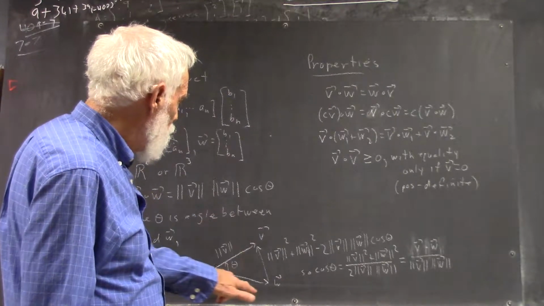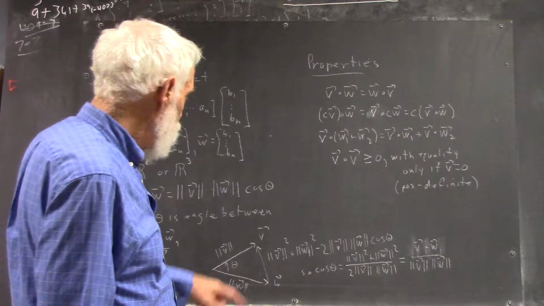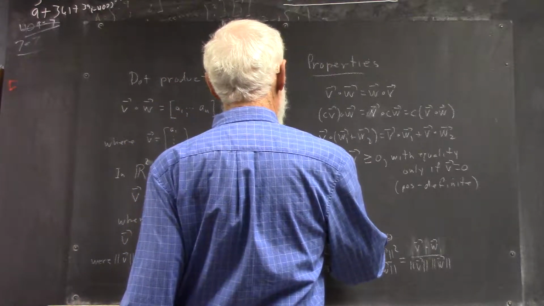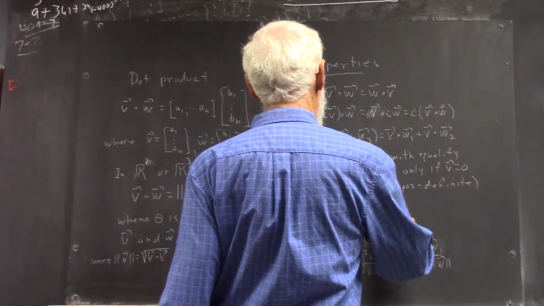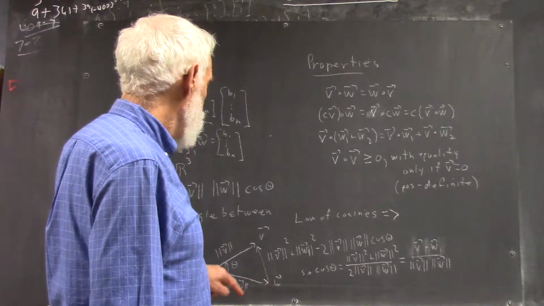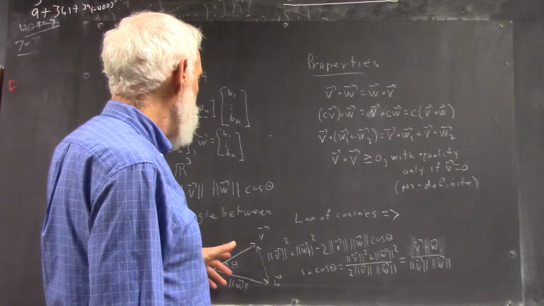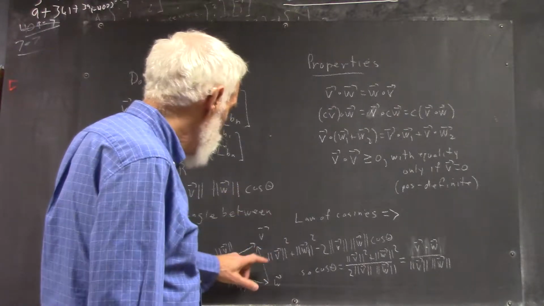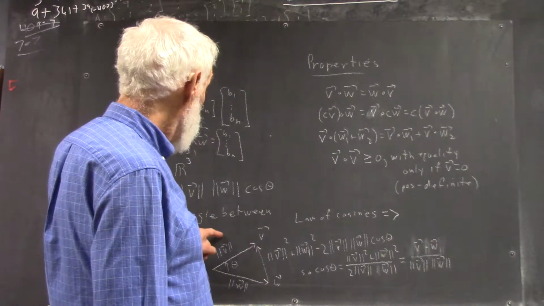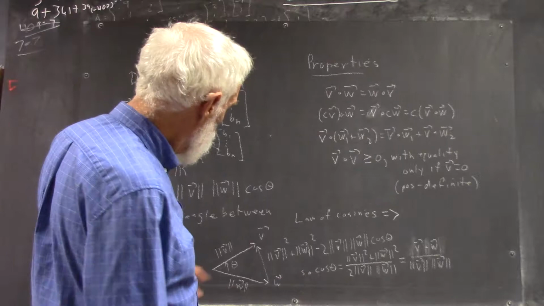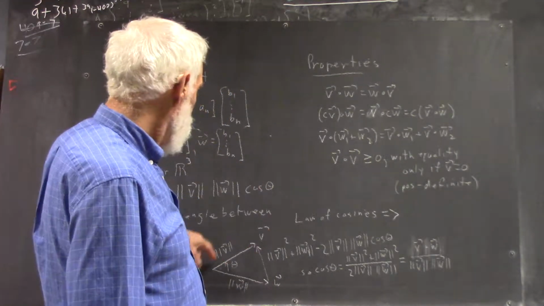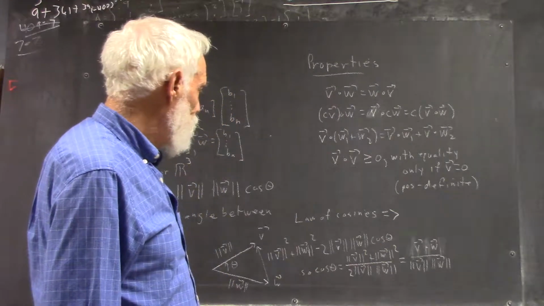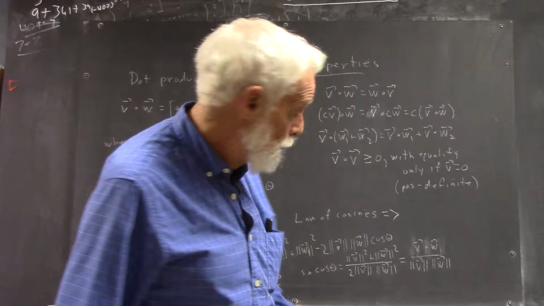Magnitude of V is the length of this, magnitude of W is the length of this, and it follows by the law of cosines that the square of this equals the square of this plus the square of this minus this times cosine theta. And that's just magnitude of V squared plus magnitude of W squared minus 2 magnitude of V, magnitude of W times cosine theta.